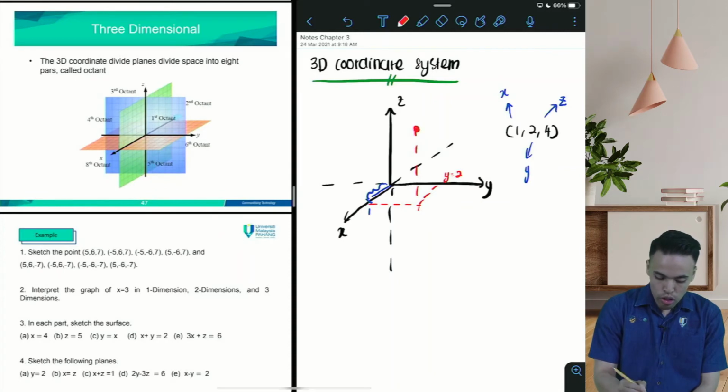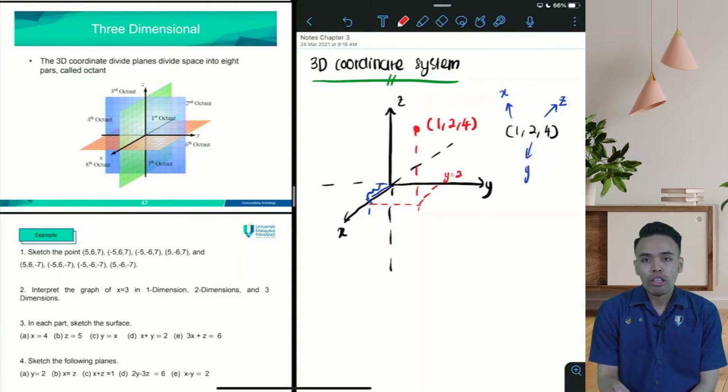So you should be able to know this is where you should locate, or how you should plot, a point in a 3-dimensional coordinate system. If I ask you which octant the point (1, 2, 4) lies in, I hope you can imagine that it obviously lies in the first octant.